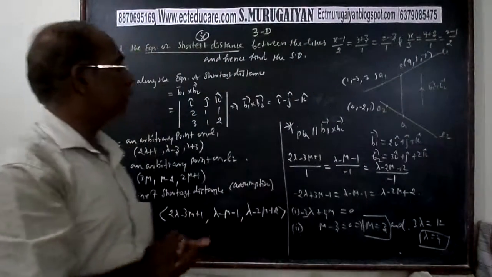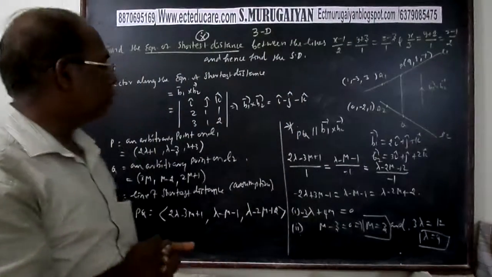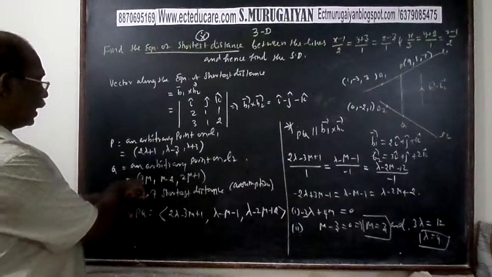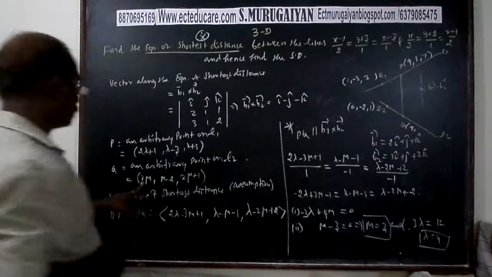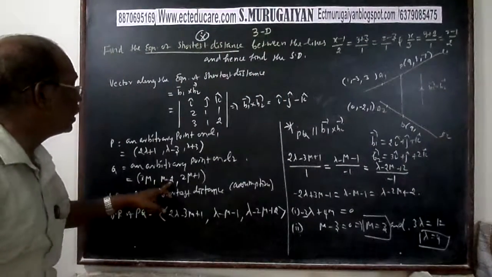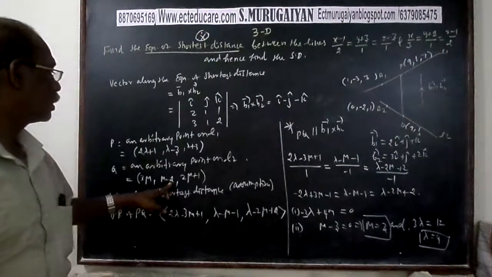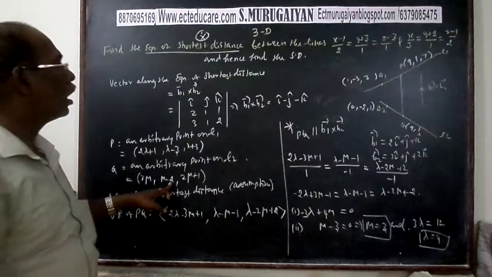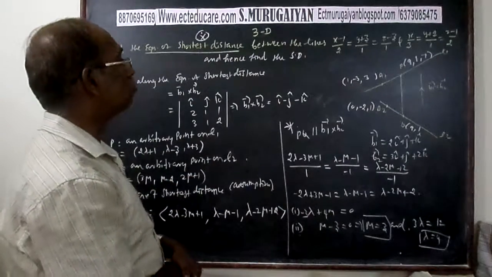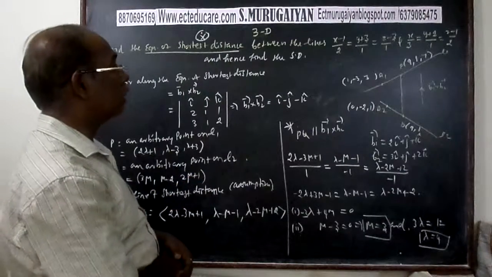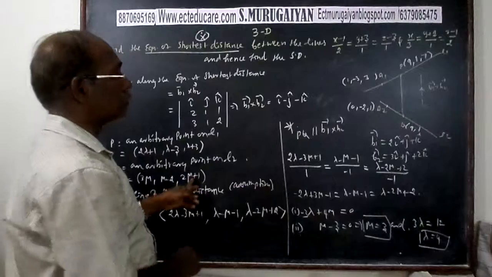Okay. Then we will come to Q in terms of mu. Mu equal to 3. 3 times 3, 9. And 3 minus 2, 1. And 2 mu plus 1. What's the value? 2 into mu, 6, plus 1, 7.